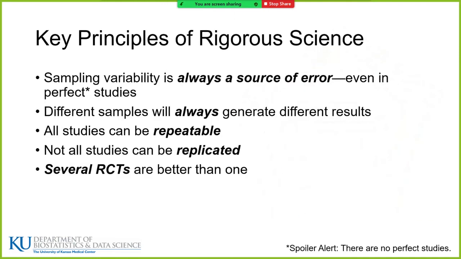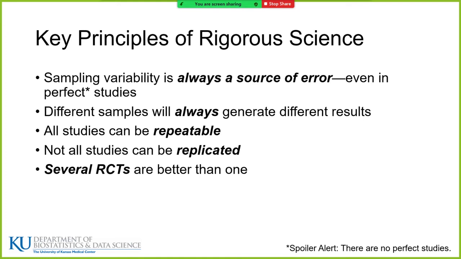The take-home points revolved really around sampling variability and how even in very, very well-conducted studies, there's always a risk of a false positive or a false negative finding, largely due to sampling variation.